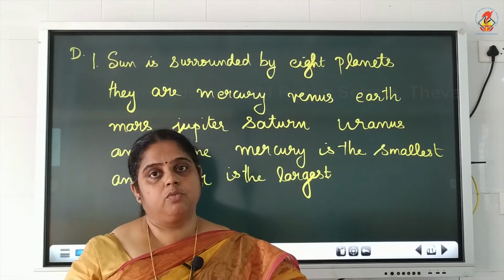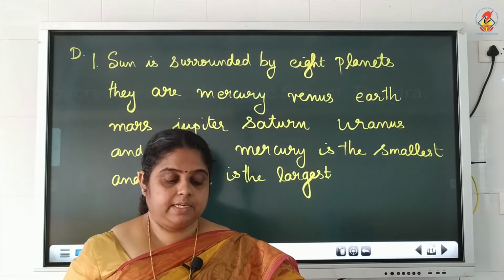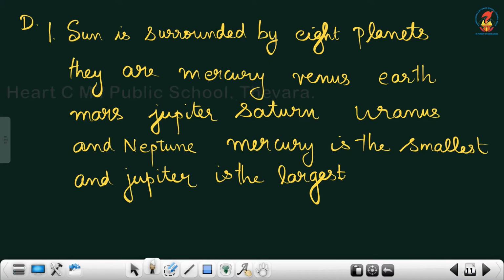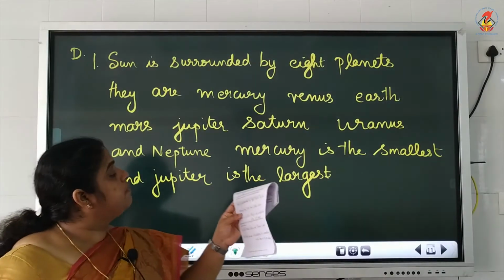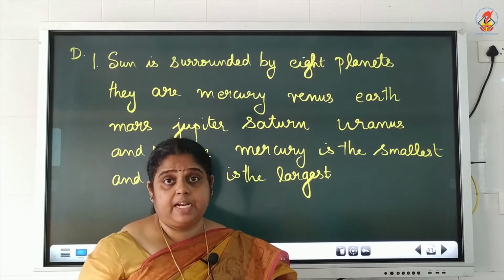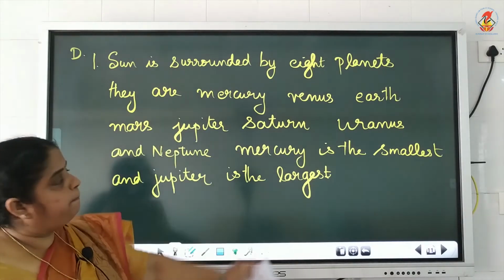Please cut it. If it's written wrongly, please cut Pluto. Pluto is not a planet anymore. Mercury is the smallest and Jupiter is the largest. So, in these sentences, think of all the punctuations that you have studied till now, and apply them.